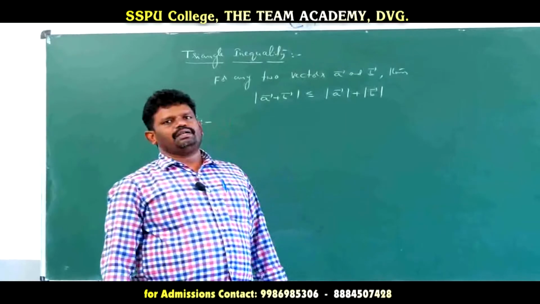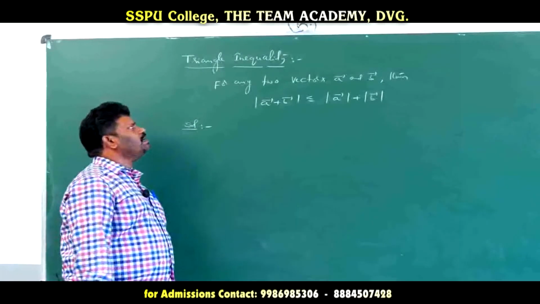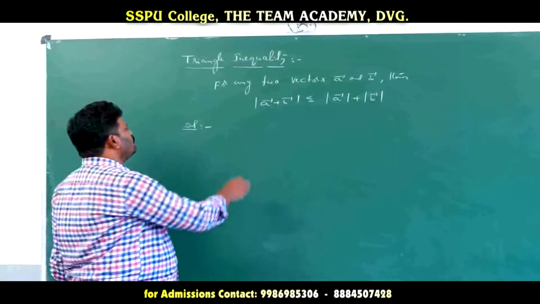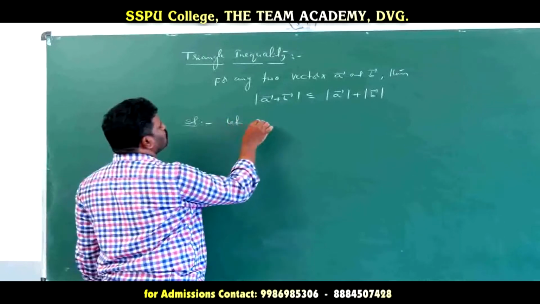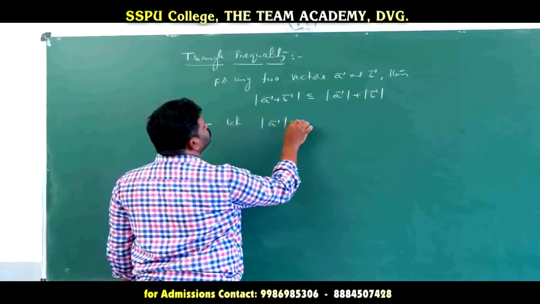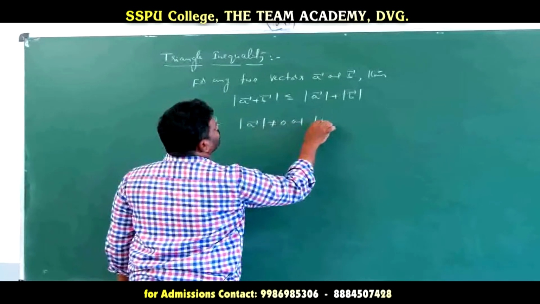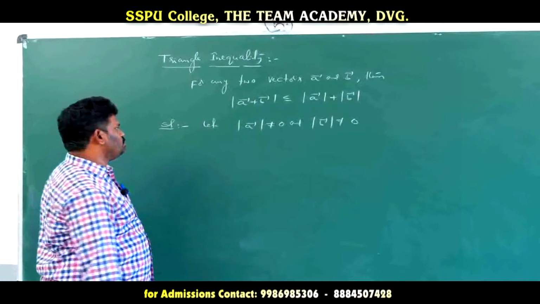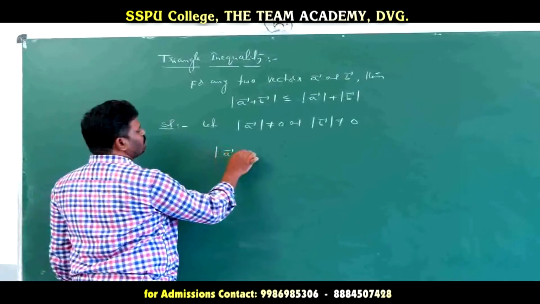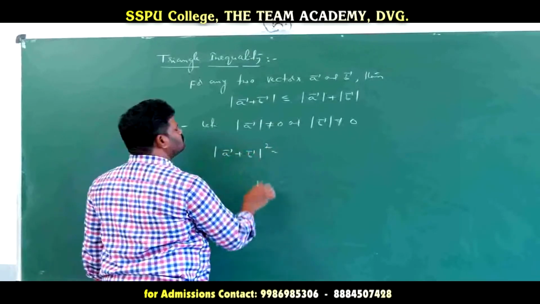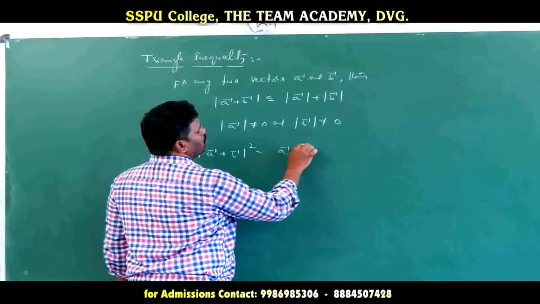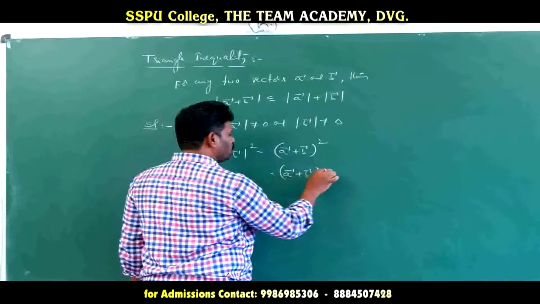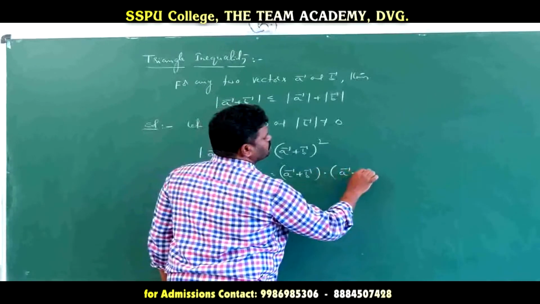Let's see the next inequality, the triangle inequality. For any two vectors A bar and B bar, if you want to prove this, first we take A vector and B vector as non-zero vectors, meaning magnitude of A bar is not equal to 0 and magnitude of B bar is not equal to 0. Now consider magnitude of A bar plus B bar whole square, which is A bar plus B bar dot A bar plus B bar.